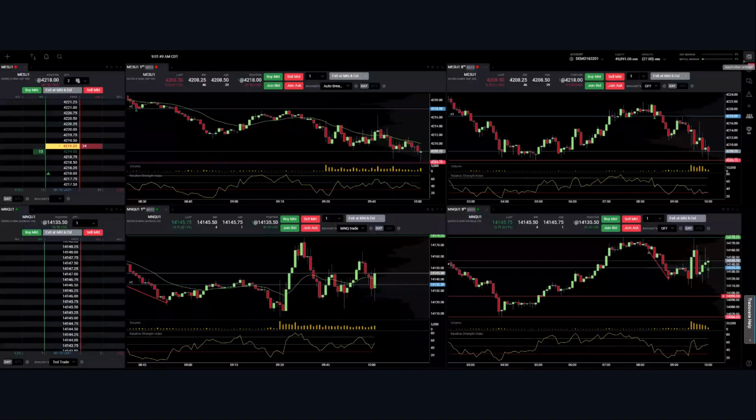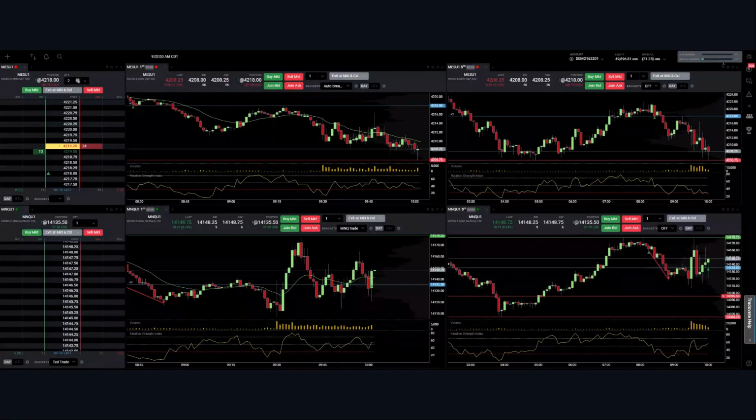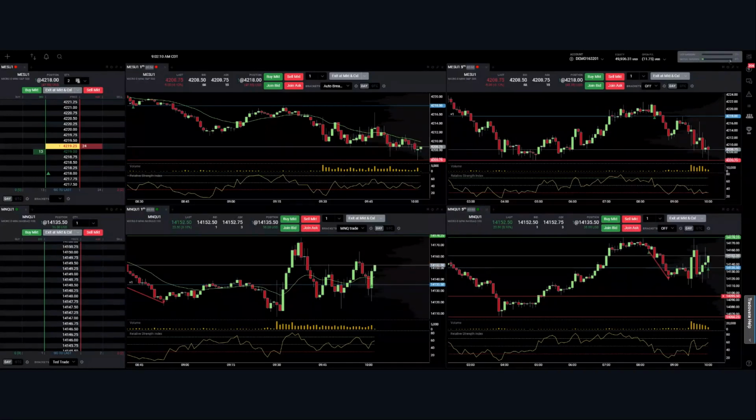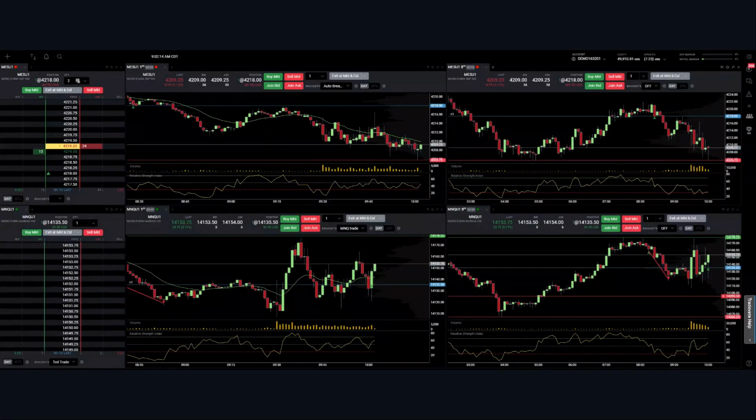Once you go overnight, the initial margin will go up quite a bit higher. It'll show you that after 4 o'clock, when the market closes, the margin levels will go up, and then you'll know if you can hold overnight or not.